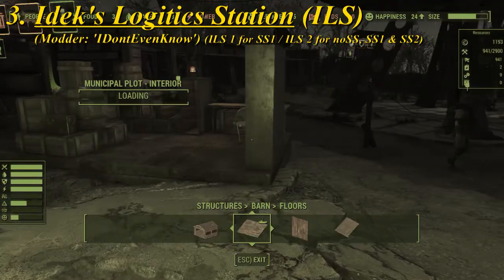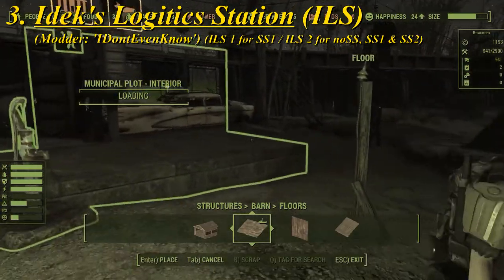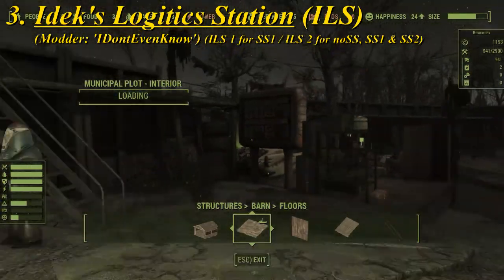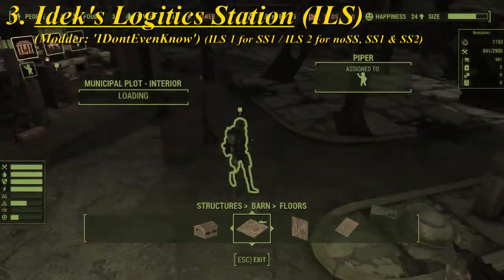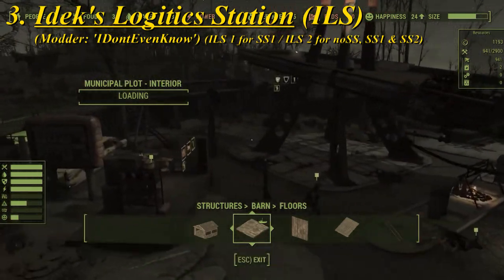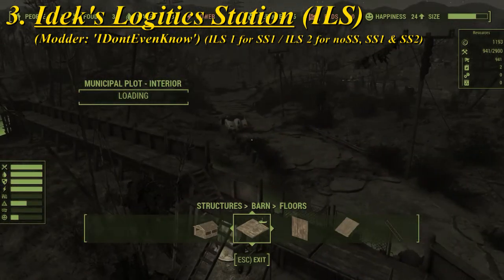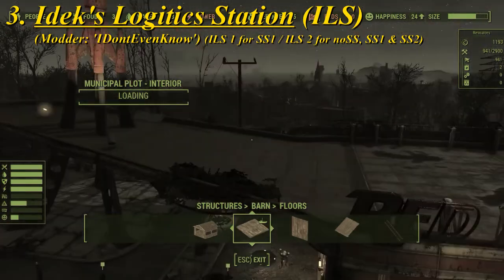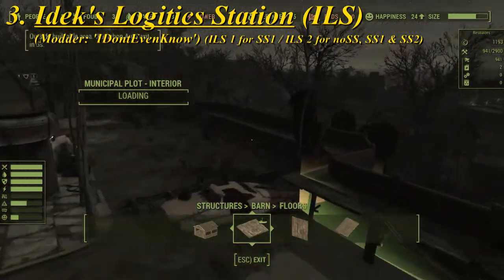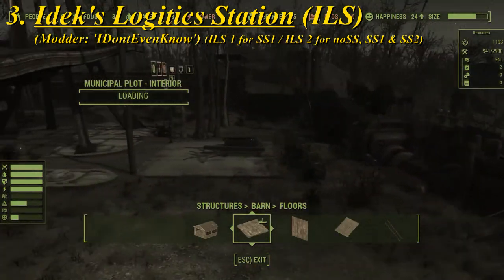Well, you can use the old ILS system with Sim Settlements 1, or you can use the new ILS system with either Sim Settlements 1 or 2, or independently. I hope I made that very clear. So how does ILS work? I'm going to mostly explain how it works with the Sim Settlements 2 system.